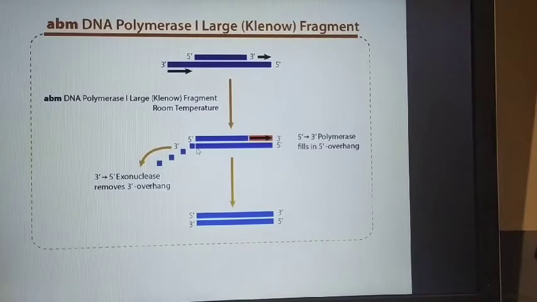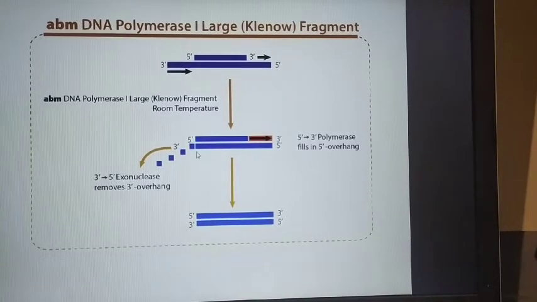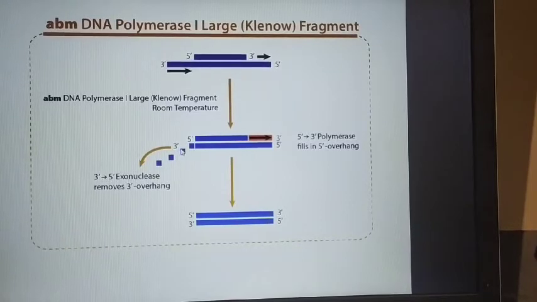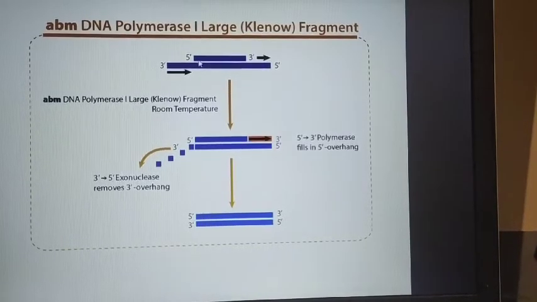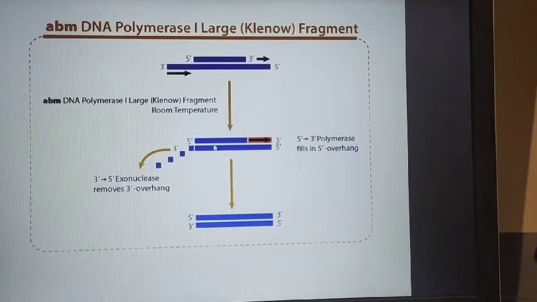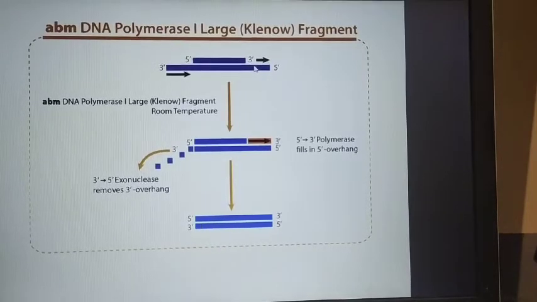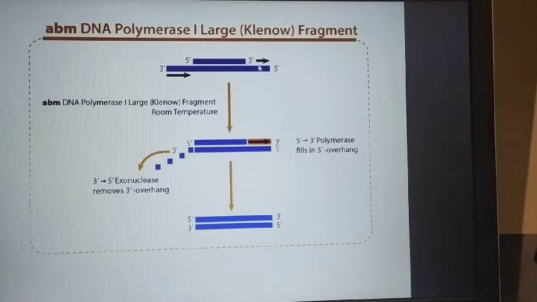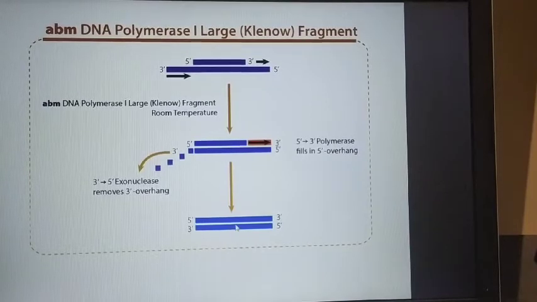And here the enzyme is having 3'5' exonuclease activity, so by the 3'5' exonuclease activity, this tail can be removed. That is how, with the help of DNA polymerase or Klenow fragment, you can make a DNA molecule with single stranded overhangs into a blunt DNA molecule.